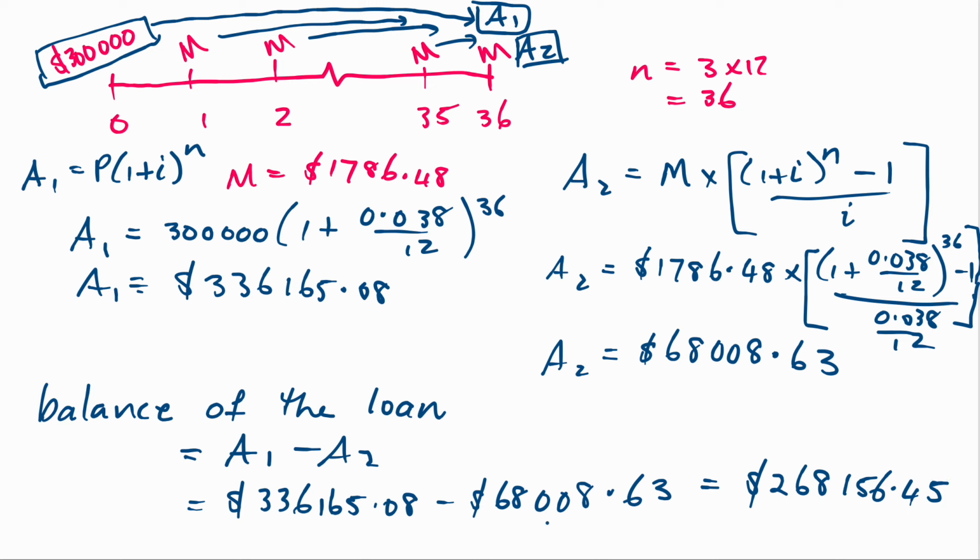So now what we need to do is basically start a fresh annuity, treating it from that point in time to the end of the 20 years with this as our starting amount.